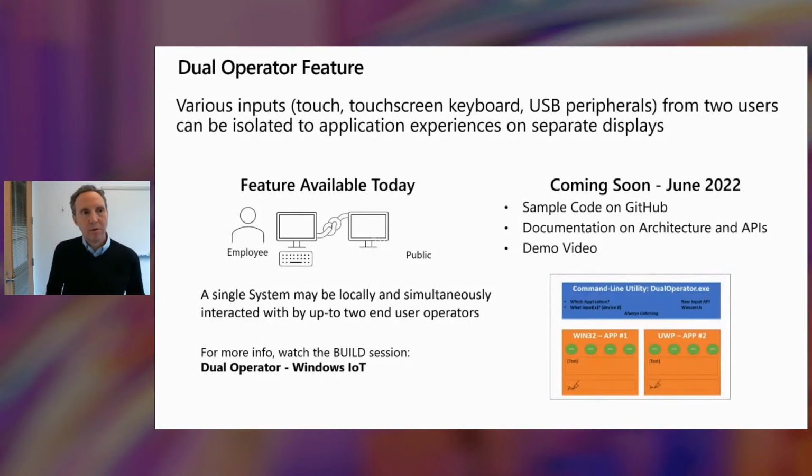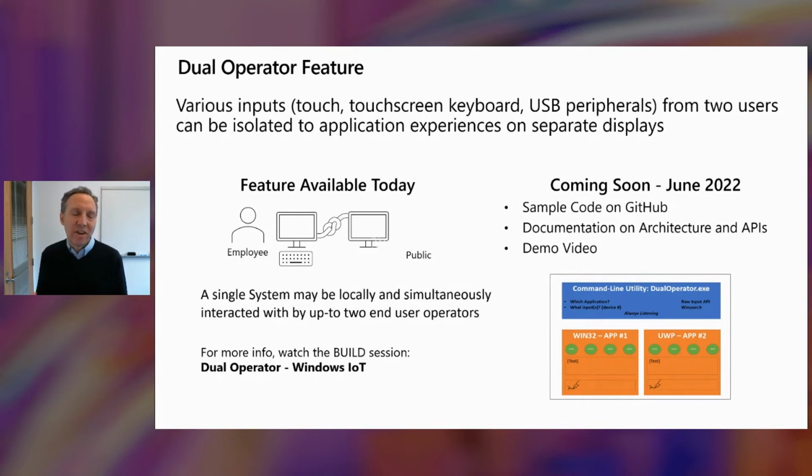Now, this is a developer feature I want to jump into, which is around something we call the dual operator feature. And what this is, it allows a single Windows IoT device to have 2 displays, 2 sets of input devices, and 2 people interacting with one application that spans those 2 different displays with 2 different user experiences, but one application.